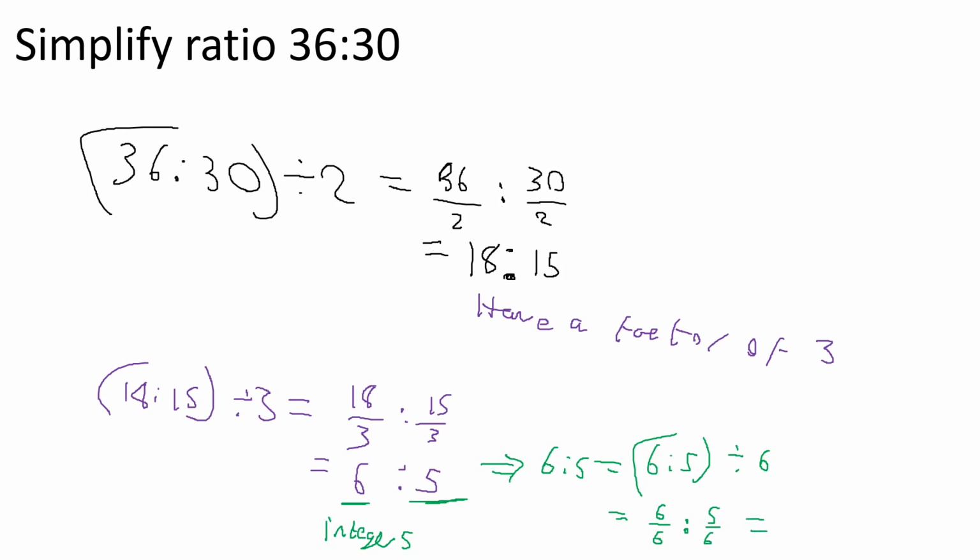So we can write, if you want to, 1 to 5 over 6. This is also in its simplest form because this is 1 and this is a non-integer. That also works. You can do it like that if you want to.